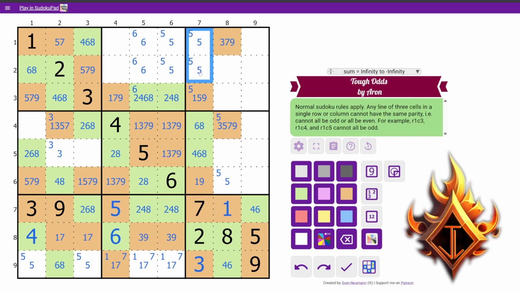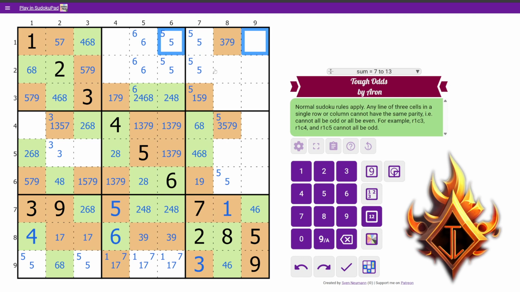One of these is even, one of them is odd. Doesn't appear to matter which way around it goes. If this one is odd, these 2 are even. And then that one is odd. It seems okay.